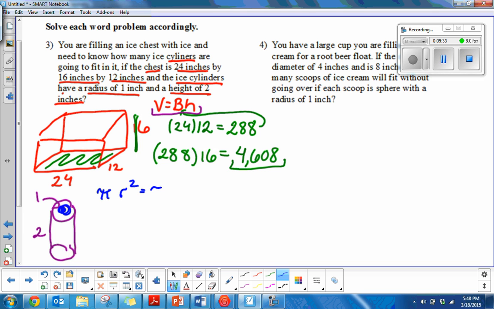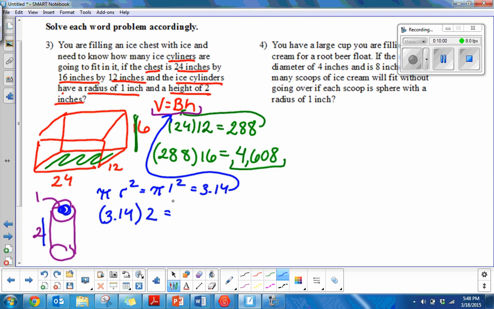So pi 1 squared. If you do pi 1 squared in your calculator, you should get 3.14. Now we plug that number in for the capital B. So 3.14, and then our height in this case was 2. So 3.14 times 2 gets you 6.28. So that's the volume for one of these ice cylinders.